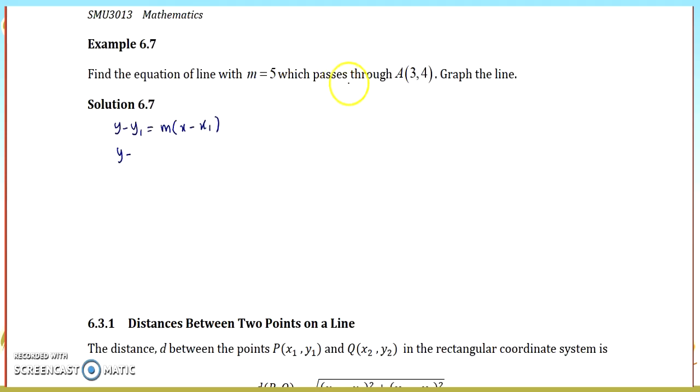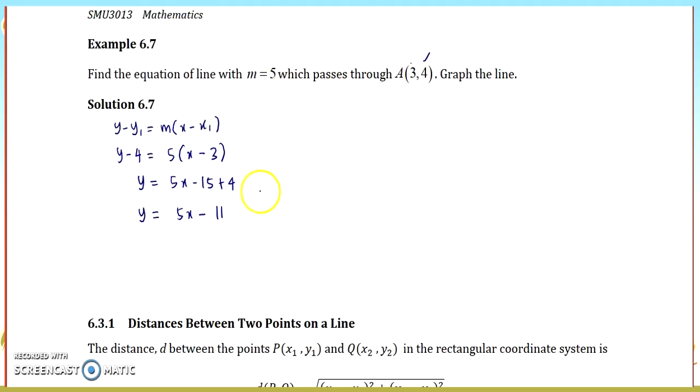Y minus 4 equals 5 times x minus 3. Simplify this equation, we get y equals 5x minus 15 plus 4, which is y equals 5x minus 11. So this is the equation of the straight line that passes through point A with gradient 5.